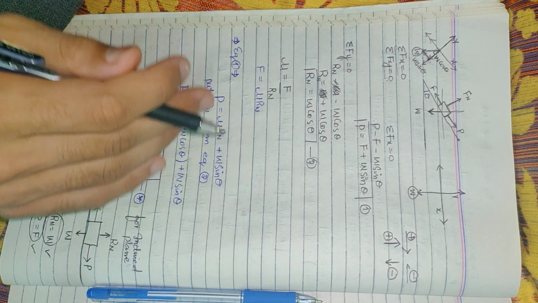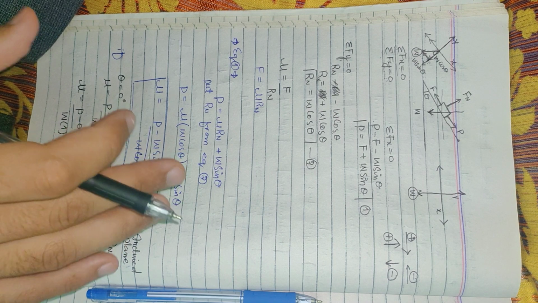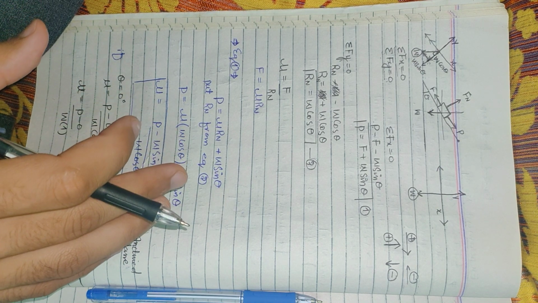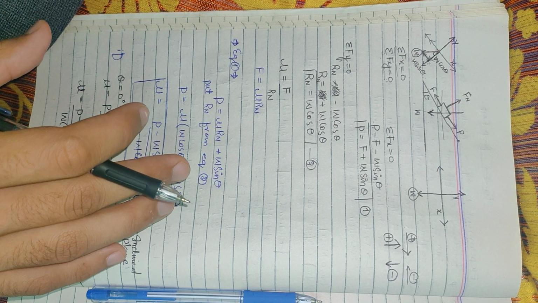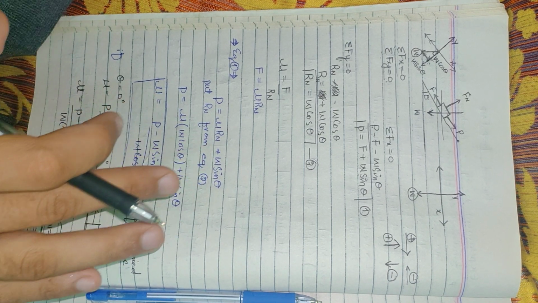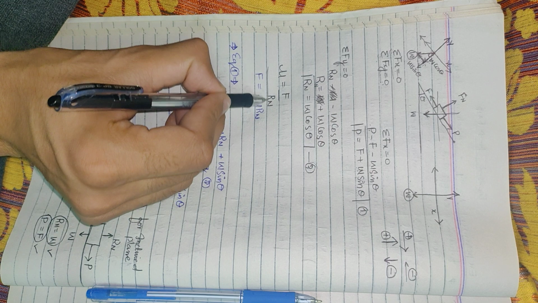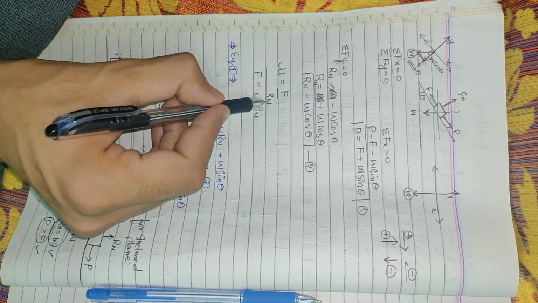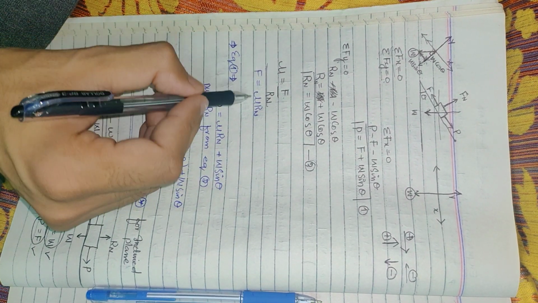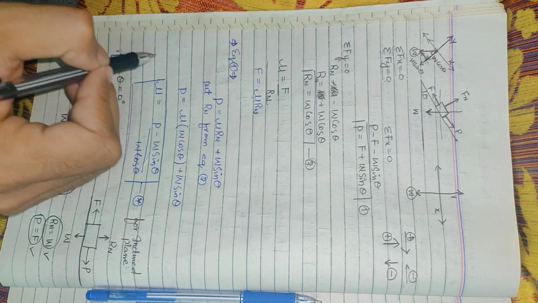Now, as we saw in static friction, the coefficient of friction is equal to the friction force divided by the normal force, so the friction force becomes coefficient of friction times normal force.